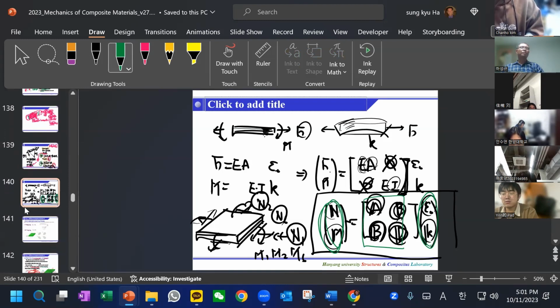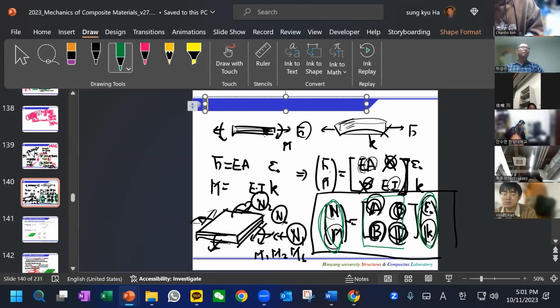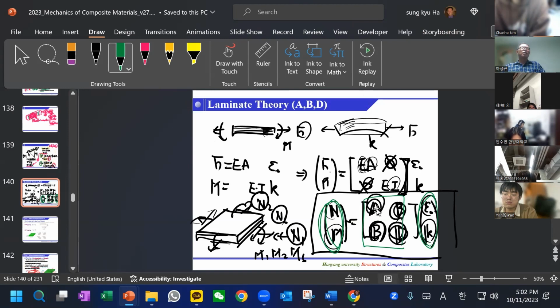Okay, this is the laminate, you can call it A, B, D. Of course, the main question is how to calculate the ABD, but don't worry too much. That will be calculated. But the more important point is that this is the forces.